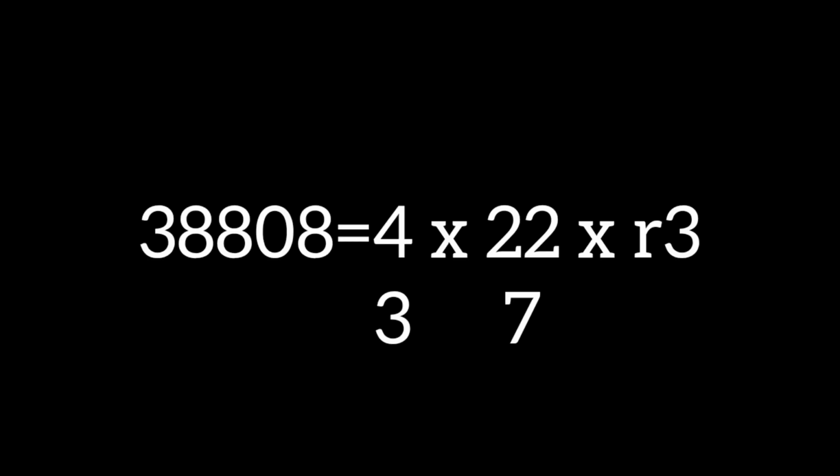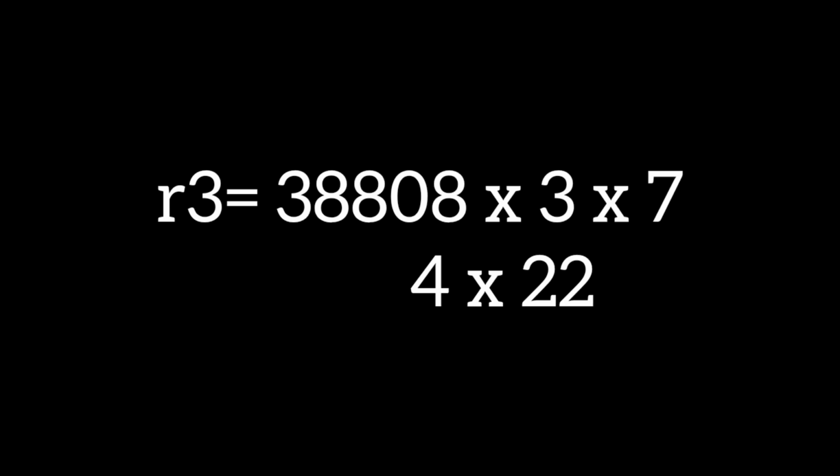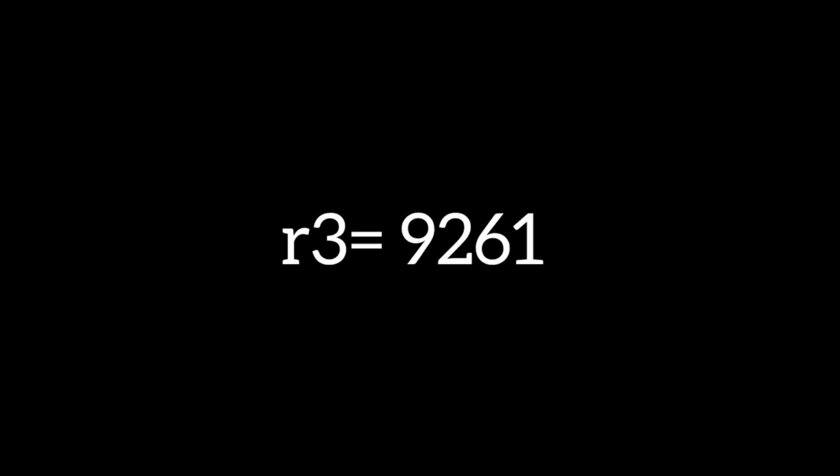The volume is given as 38808, which is equal to 4 by 3 into 22 by 7 into r cube, as r is unknown. Using simple mathematical steps we get r cube equal to 9261. Now tell me, this is the cube of which number? 21. Yes, good. So our radius is 21 centimeters.